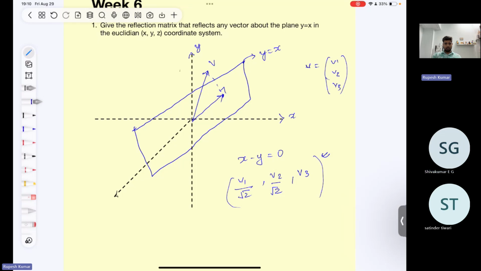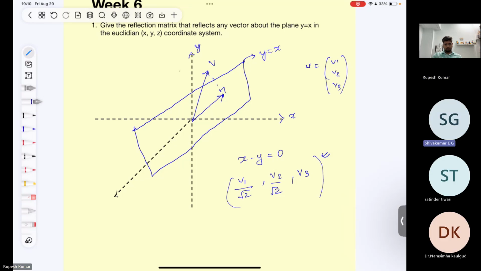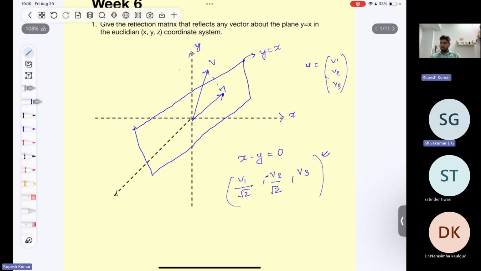Let's solve this. My analysis says x minus y is equal to 0 is the plane. Coefficient of x is 1, coefficient of y is minus 1. Therefore the v1, v2 you can assume as 1, 1, and the z is 0.